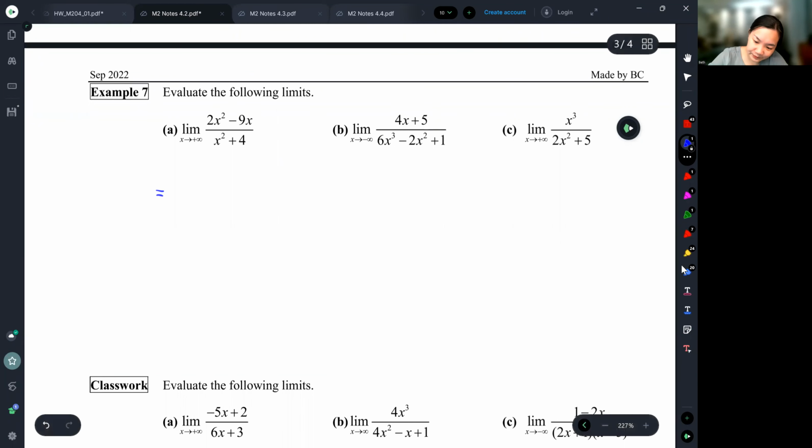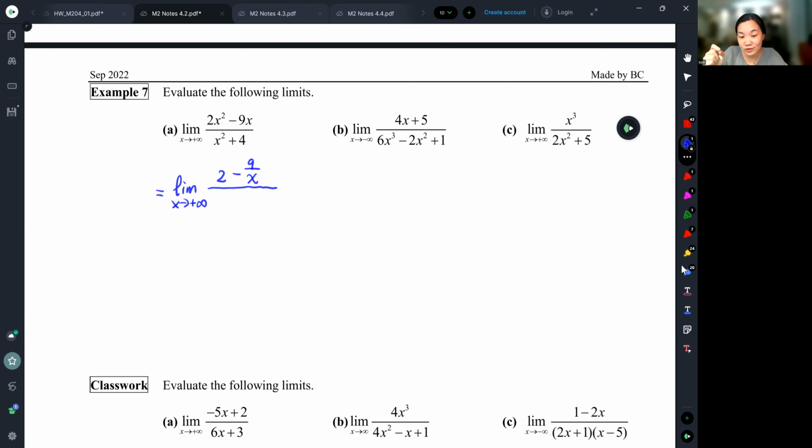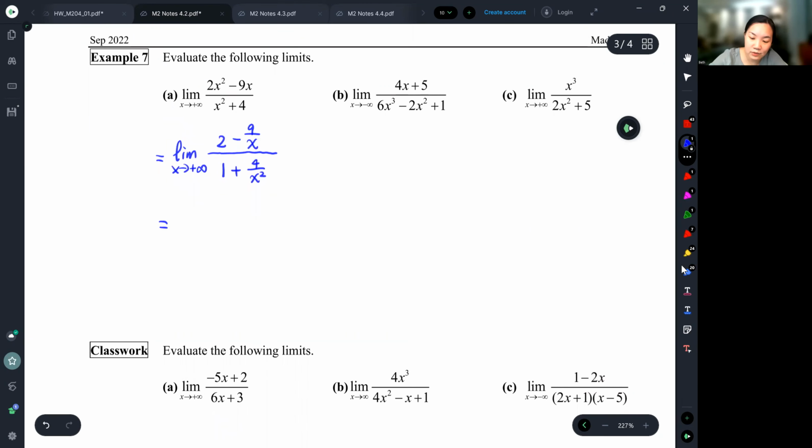Now, how do I do that? Positive infinity. Now, if you don't write positive, that means positive, okay? This one I will divide by x squared, so I get 2. This one I'll divide, and I'll divide x squared again. For each term, I will divide by x squared. Okay, and then I will apply theorem 4.5 to every bit of this function.